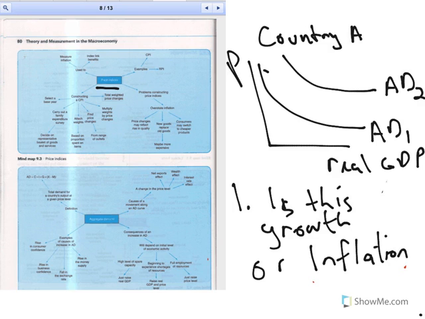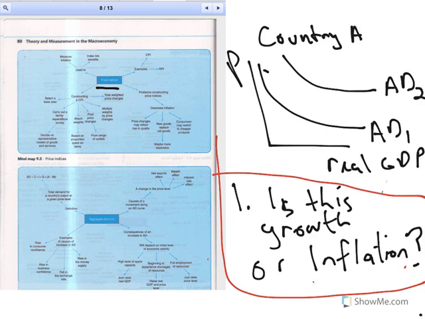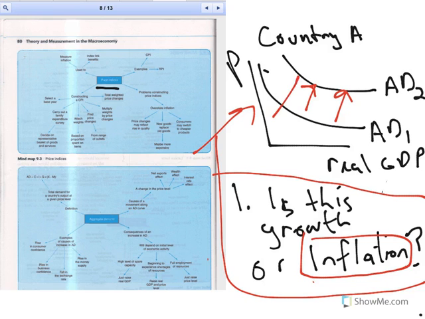This is the main question we have to ask when we see growth in aggregate demand from here to here. Because if it's just inflation, it's not sustainable, and eventually the growth will pop and aggregate demand will shift back down very quickly, and it'll be a recession. So we want to know, is this growth or is this inflation?